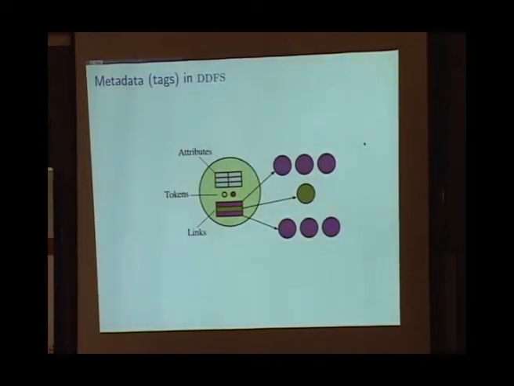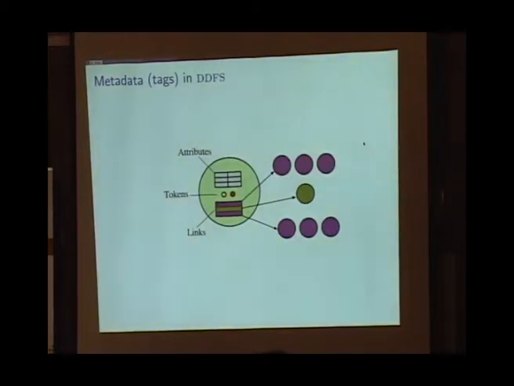There are a bunch of attributes that you can set in your metadata, key value pairs that you can add as additional metadata in addition to the name. And there are also simple access control tokens. You can have a read token and a write token, so you can control who can access your data. You need to have the right token to perform the corresponding operation on the metadata.